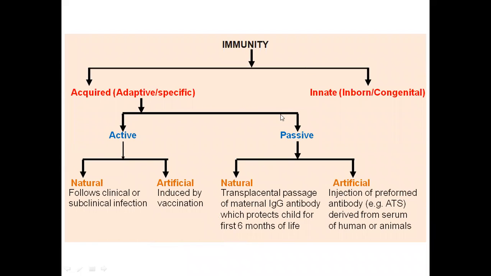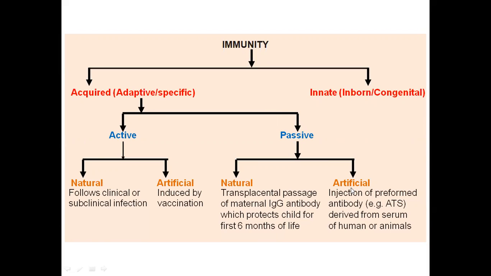Let us discuss the second one, artificially passive acquired immunity. About this, what I want to say is that after an incident happens, vaccination is given against the different types of antigenic components of the pathogen.